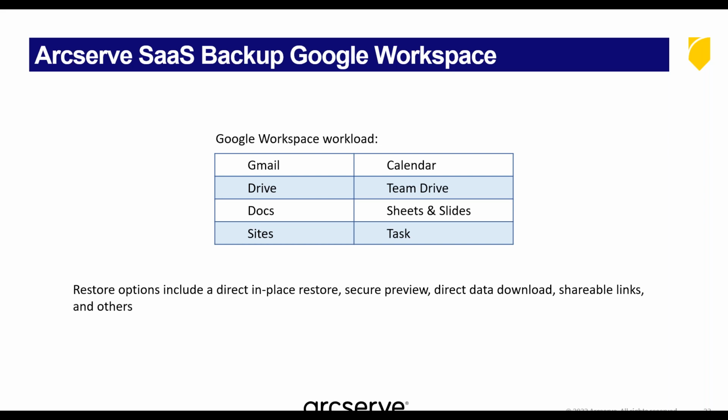You may be able to share with me what questions you actually face on the Google Workspace. But the restoration itself, again, all is included: the in-place restore, the secure preview, the direct data download, shareable links, and others.